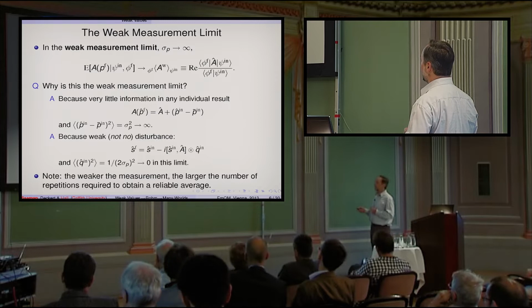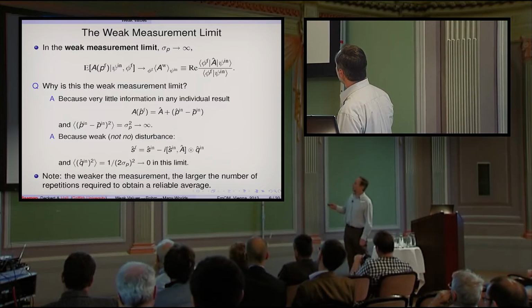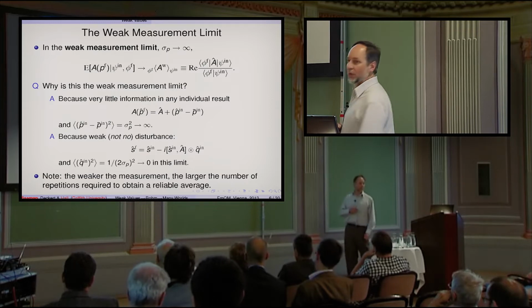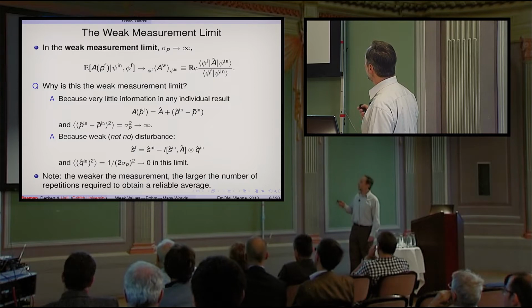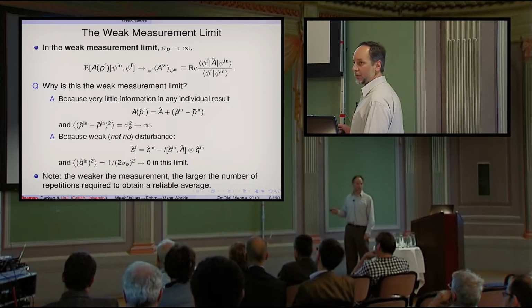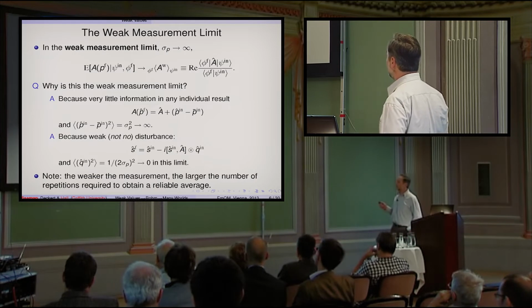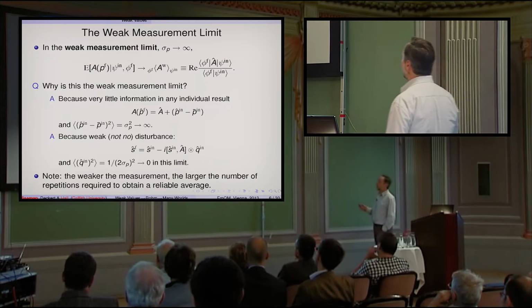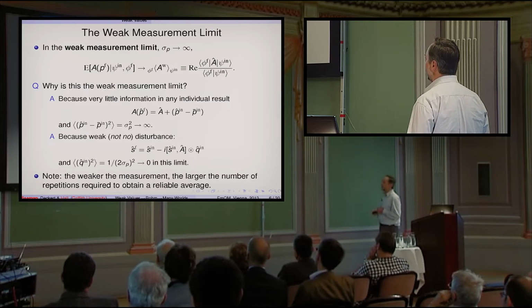It turns out to be given by this expression here, and so it involves the initial position of the probe, and precisely in the limit where sigma p goes to infinity is where the mean square value of q goes to 0, because it's simply the reciprocal of that, because it's a minimum uncertainty state. Okay, so that's why it's called a weak measurement, and that's why we call this thing a weak value.